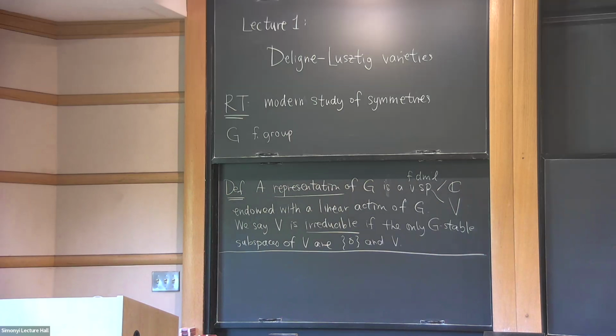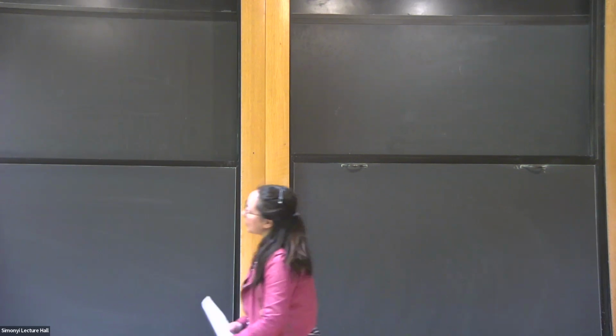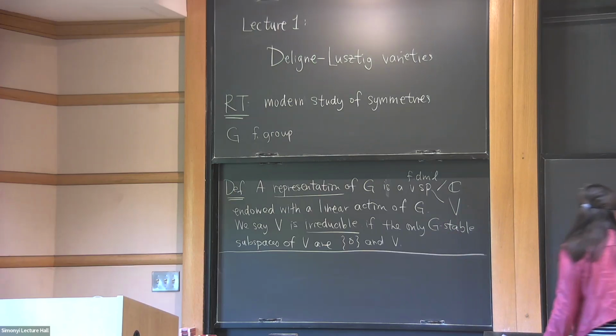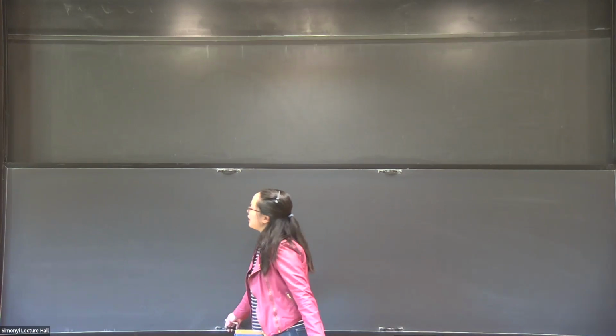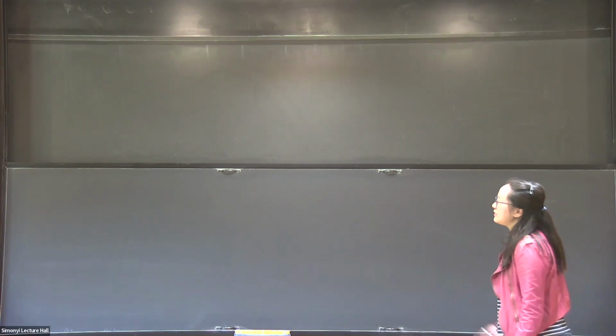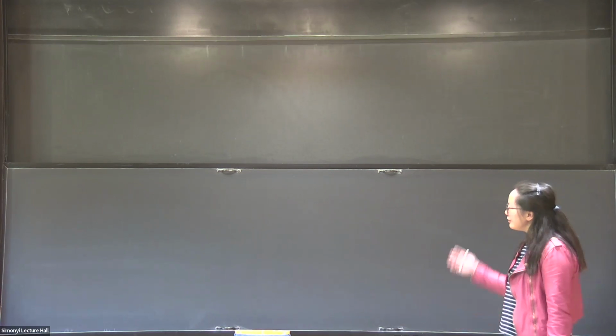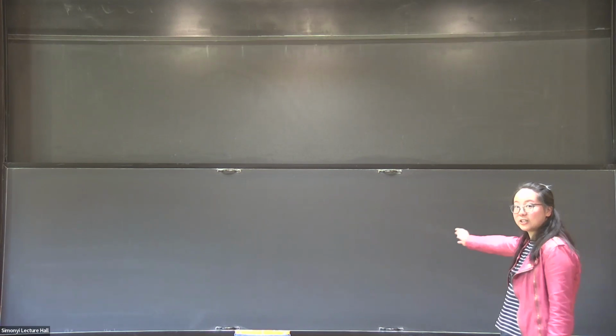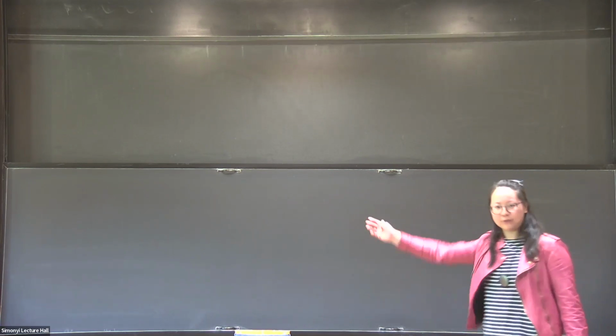So this is the kind of object that we will talk about a lot this week. And if this is a definition that's familiar to you, fantastic. You'll get to learn about the representation theory of a particular G this week. If this is not familiar to you, you can use the representation theory of the particular G that we will study to learn about representation theory.